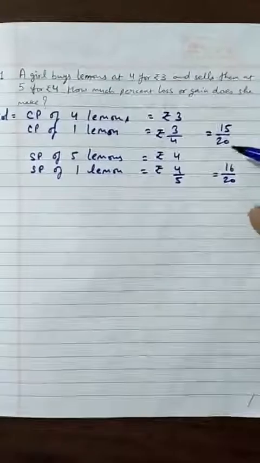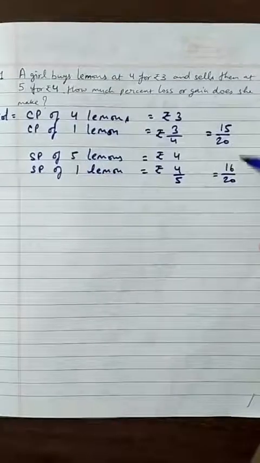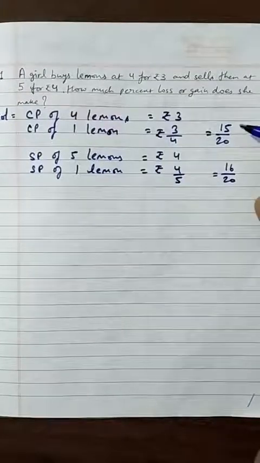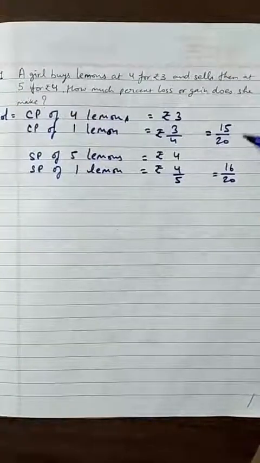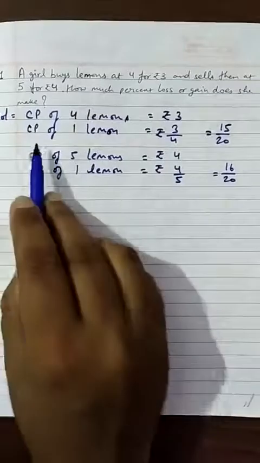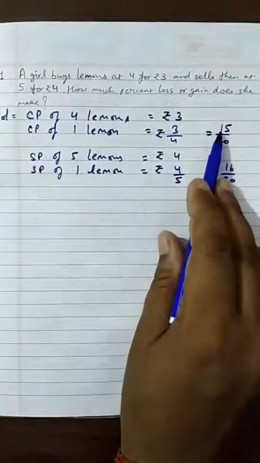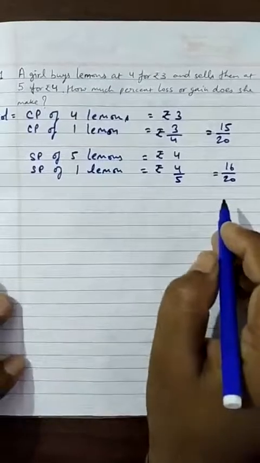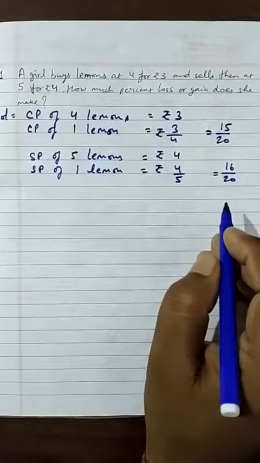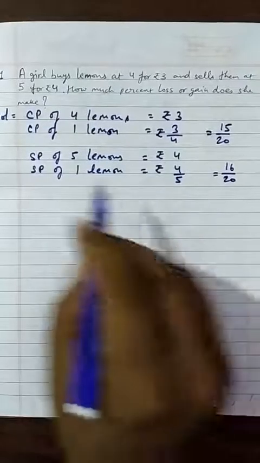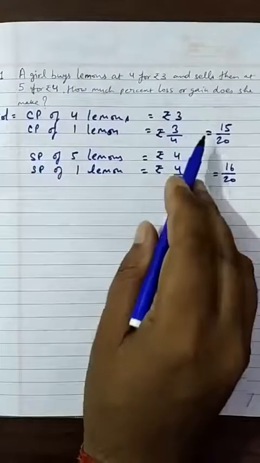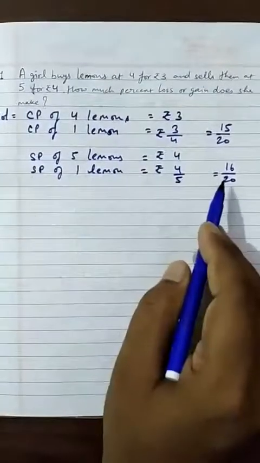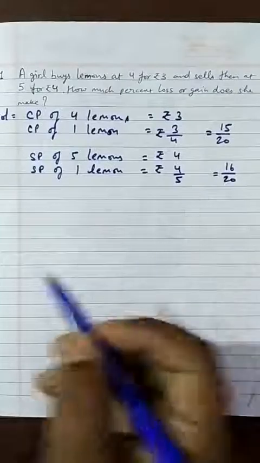Now the denominators are same. So looking at the numerator we can easily see that cost price is less than the selling price of one lemon. Okay, so when the cost price is less and selling price is more, we have a gain.